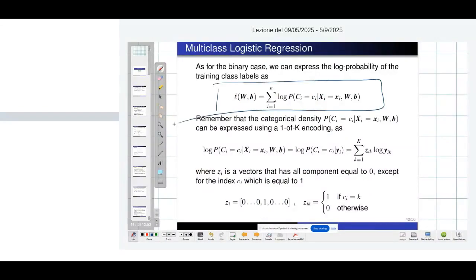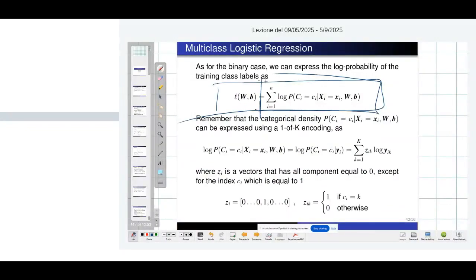Then we can compute our parameters so as to maximize the log likelihood. The idea is the same as for the binary case. When we derived the log likelihood expression, we didn't make any assumption on the form and on the distribution of the class labels until we actually replaced it with a Bernoulli. So up to that point, the derivations are the same.